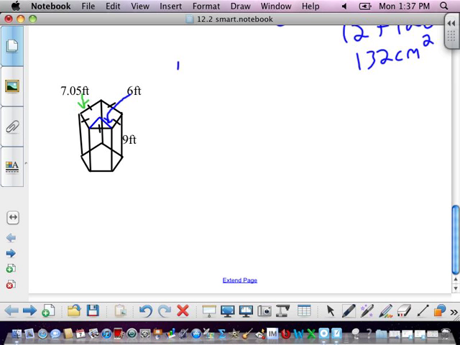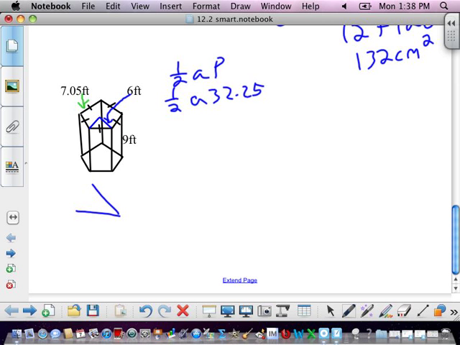Right, 1/2 the apothem times the perimeter. We know all the sides are 7.05, so we're going to times that by 5 to get the perimeter of our base. So we get 32.25, 1/2, and we've got to find the apothem. We know the radius.